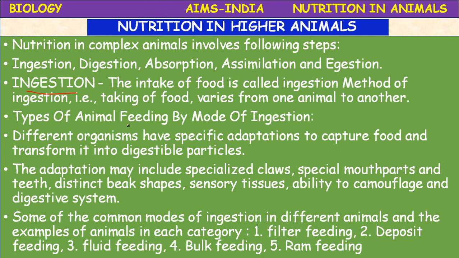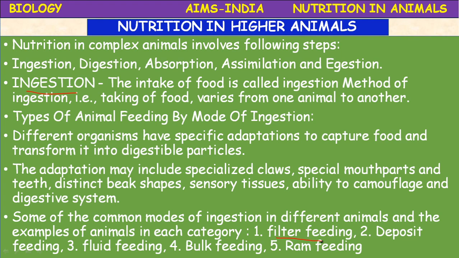Filter feeding is one method where an organism passes water through specialized filtering organs. The organisms feed by straining suspended particles and digestible matter from the water, and such organisms are ecosystem engineers.